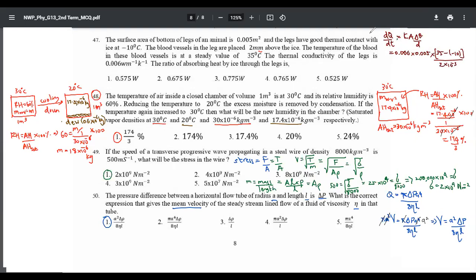So how would I simplify? I can take this as 6 into 10 to the power minus 3. Therefore, I can cancel this out and put a 3 here.